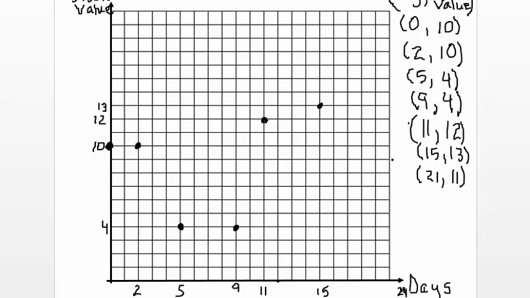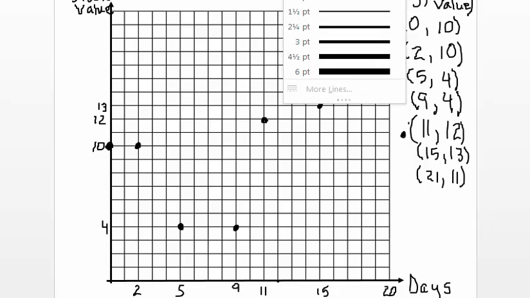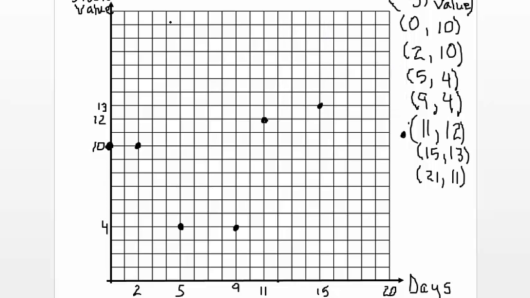I didn't mean for that to happen. I'll just put a 20 here. And 21, 11 will be just 1 unit over. Typically I make these where you have enough on the graph to keep everything on the graph. So I messed up a little bit here.